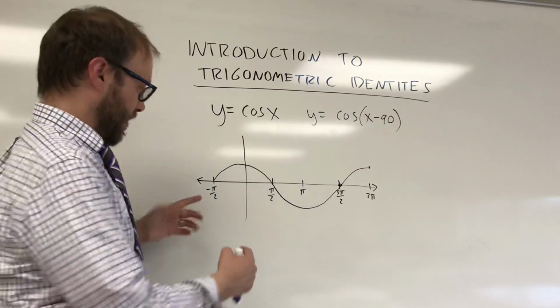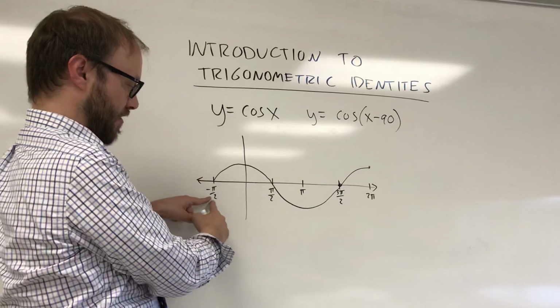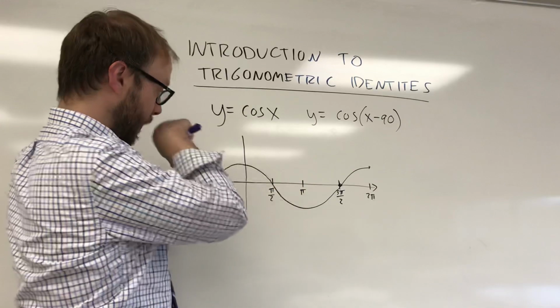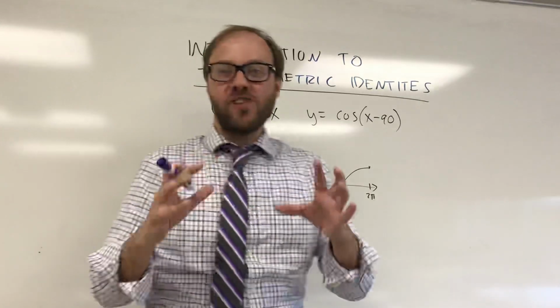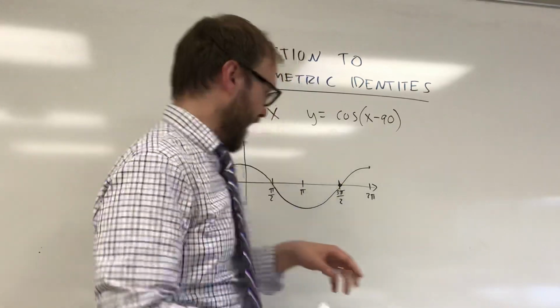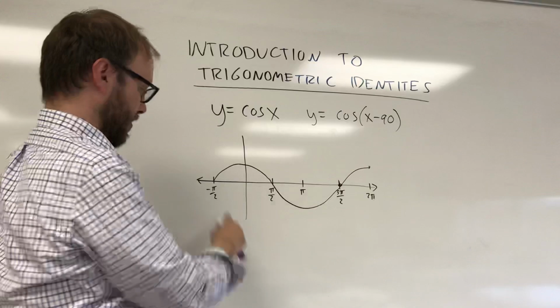You can see that it actually crosses the axis back at negative pi over 2, or negative 90 degrees. As a result, it's almost the exact same shape as the sine function, except it's been shifted. You can think of it as having been shifted back pi over 2 units.